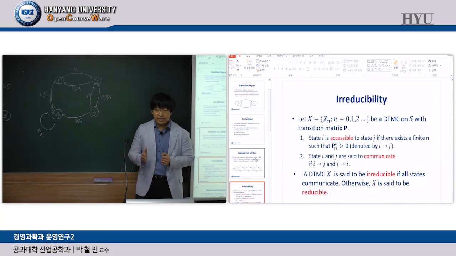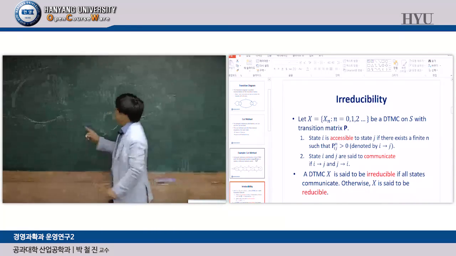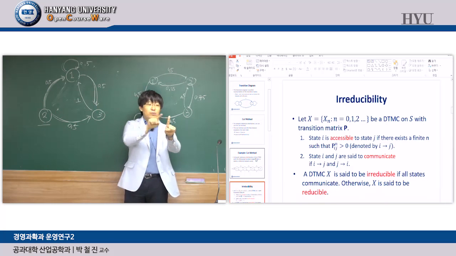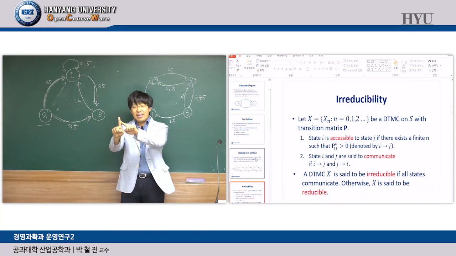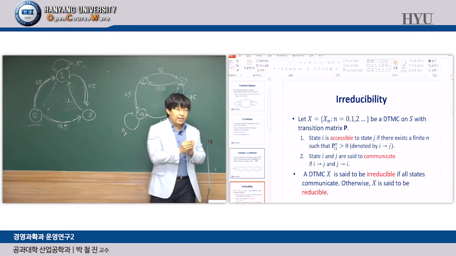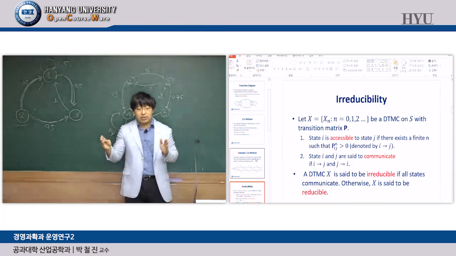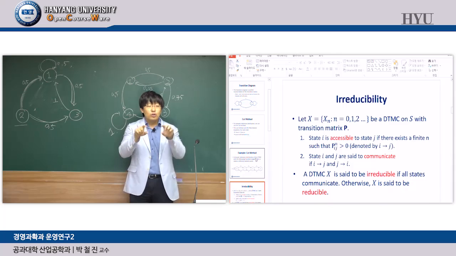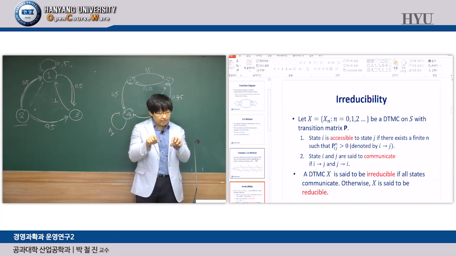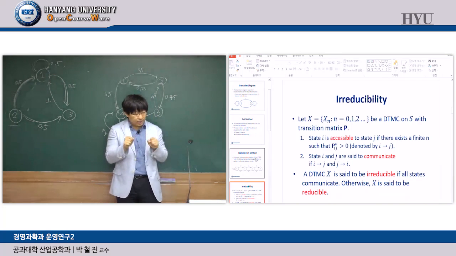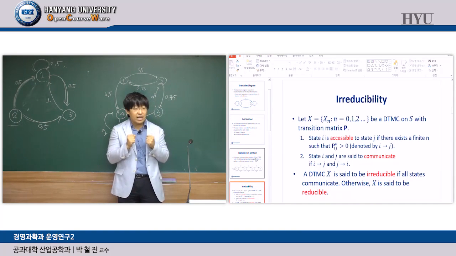And communicate. For two states, we can consider accessibility from this state to that state and from that state to this state. If I is accessible to J and J is accessible to I, then these two states communicate with each other.